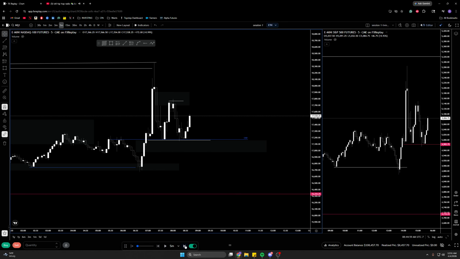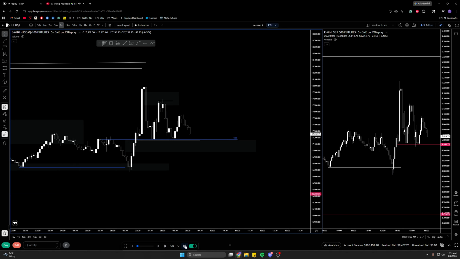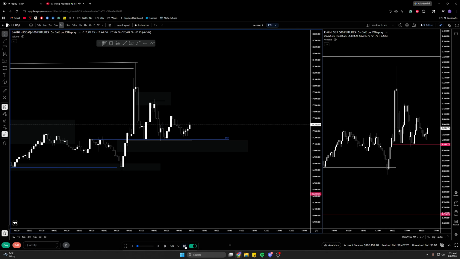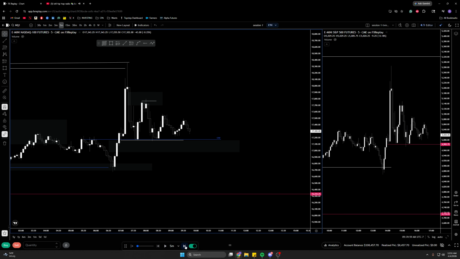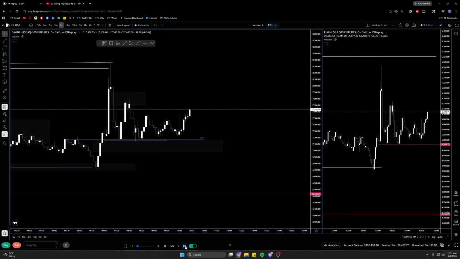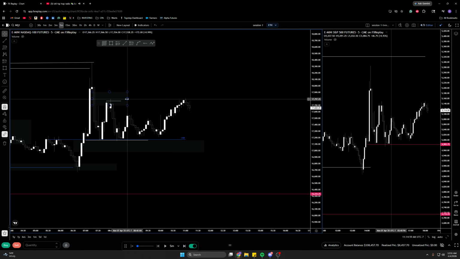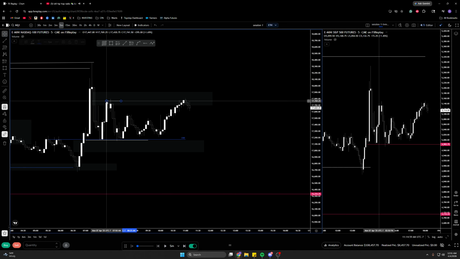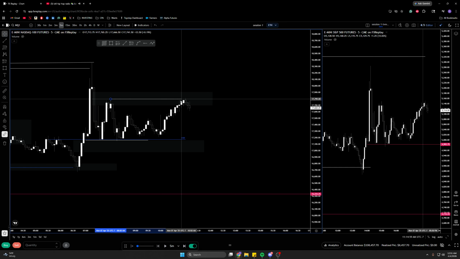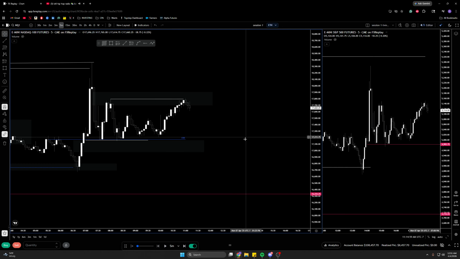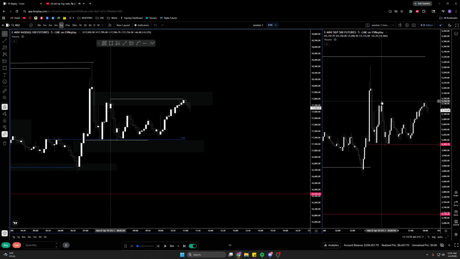Yo, this change in the state is holding. So we're back inside of this. Looks like we just swept out internal buy side inside of the gap.